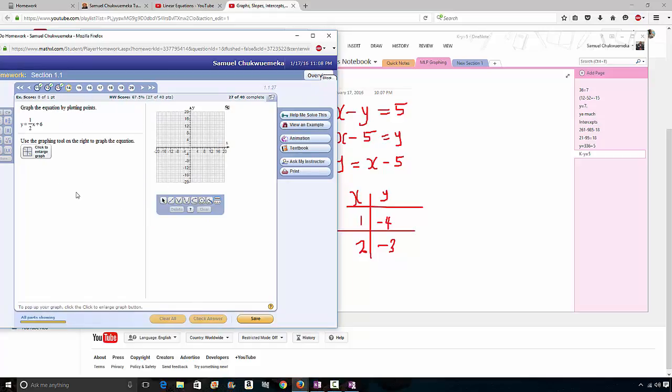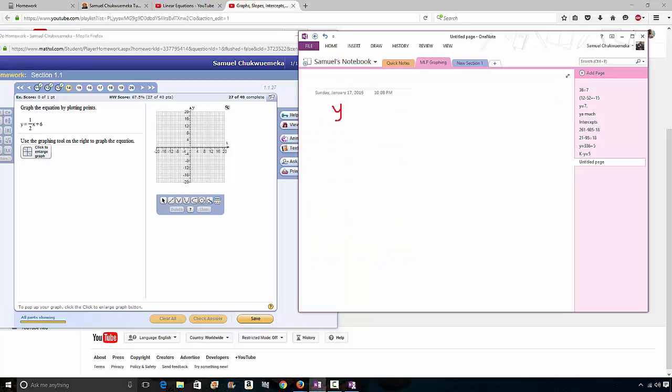Question 14. The same thing here we shall do. y is equal to 1/2 times x plus 6. So this is a fraction. That means I've got to choose my values because I don't want to work with fractions.